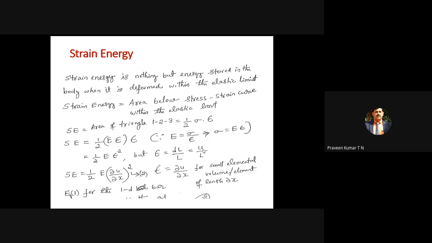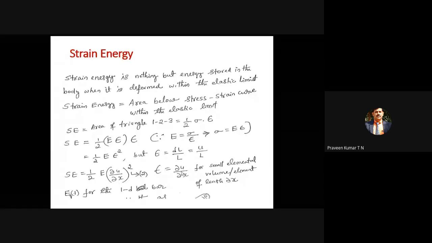So when you come to finite element analysis, the displacement is given by u and the original length is given by L. But you are considering a very small elemental length. For a small elemental length, the displacement is du, del u, and the original length of the element is given by dx. Finally, we get the strain energy.